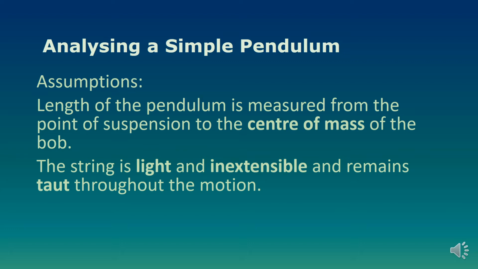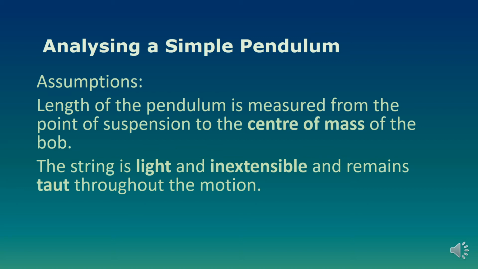If it does have a mass, then that's obviously going to change the center of mass and the effective length of the pendulum, so it becomes more complex. It's still manageable as a question, but it does need a little bit more thought. And inextensible, as in it's not going to change length as the tension varies throughout the cycle, because as well as being in simple harmonic motion, it's prescribing a vertical circular path.